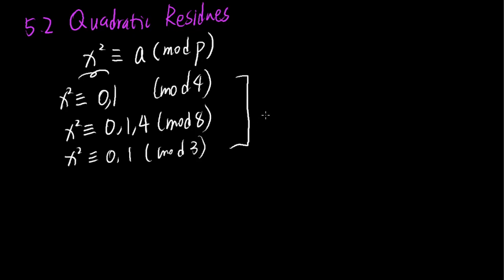We find out that there isn't a solution for all a. I mean, if we are given an equation x squared is equal to 2 mod 4, we don't have a solution here.